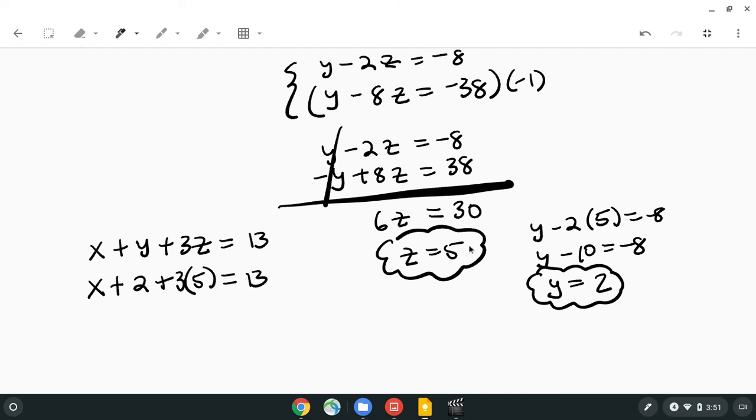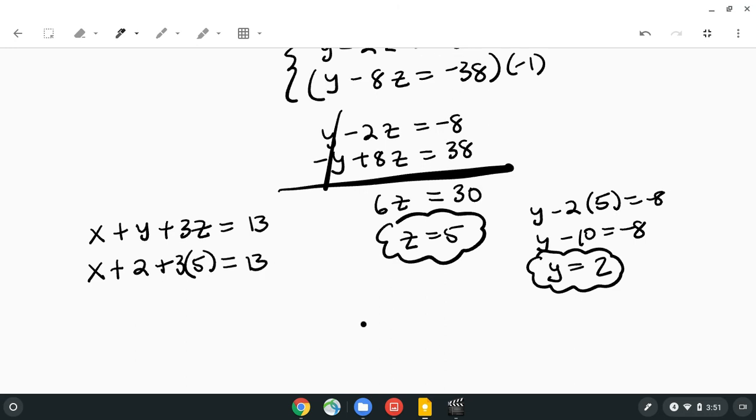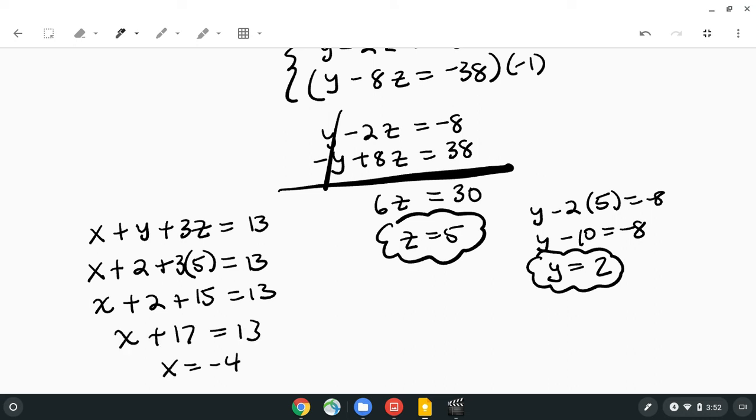All I did was take the y and z values and plug them in. So x plus 2 plus 15 equals 13. x plus 17 equals 13. x equals negative 4.